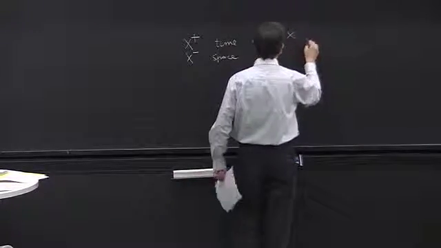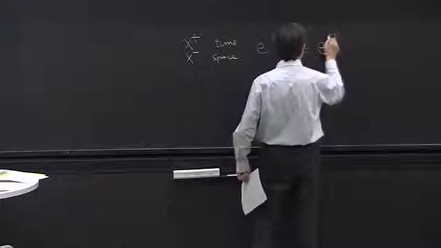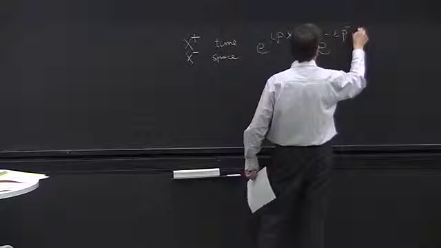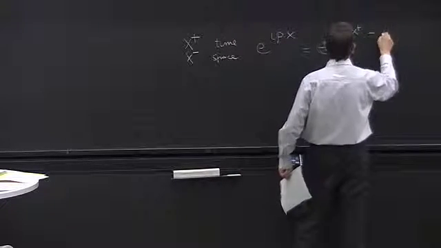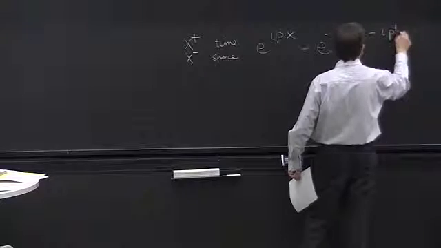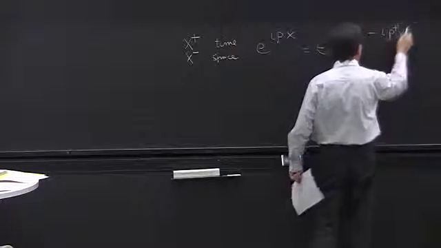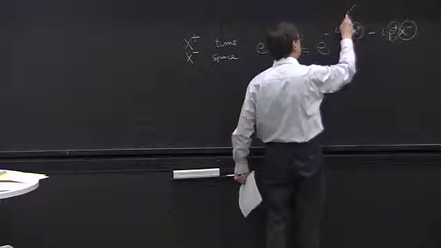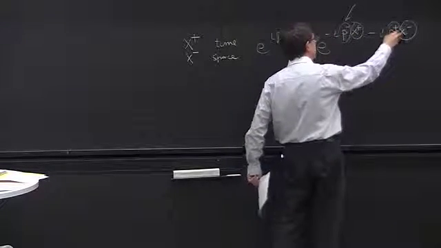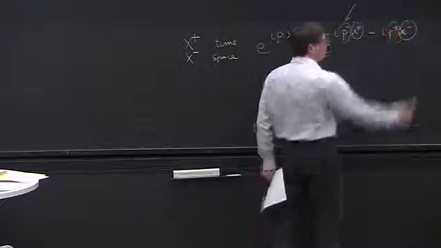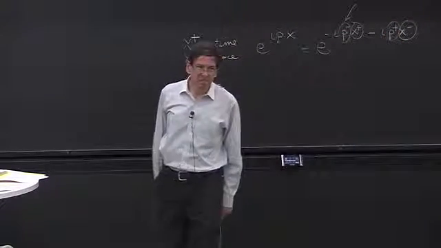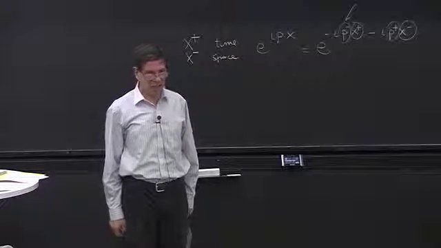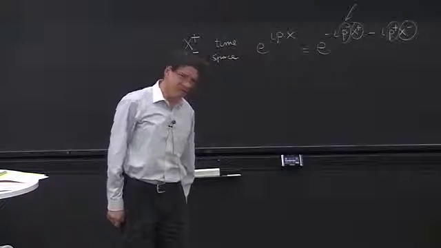So this pairing here would be e to the minus i p minus x plus minus i p plus x minus. So p plus is associated with space, and p minus is associated with time. That's why this is the energy, and we can think of p plus as a spatial component of the momentum. So P minus is energy, P plus is spatial momentum in light cone.